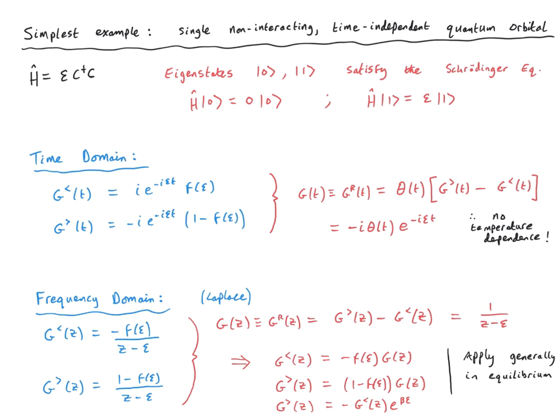And that is because if we look at the definition of g retarded in the time domain, given here, we see that it contains this extra theta function. So the Fourier transform of g of t is not simply equal to the difference of the Fourier transforms of g greater and g lesser, because of this extra factor theta of t. But we'll see an alternative formulation for that shortly.